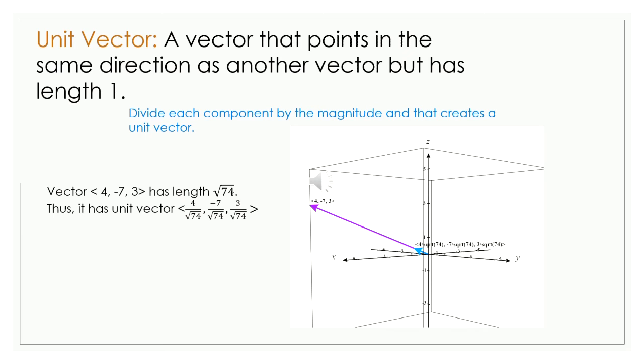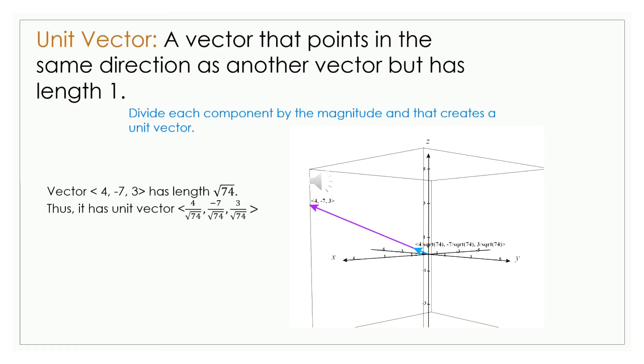So if you multiply by a positive scalar, you change the length of the vector, but not the direction. If I specifically multiply by 1 over the length of the vector, I will get a vector that points in the same direction but has length 1.